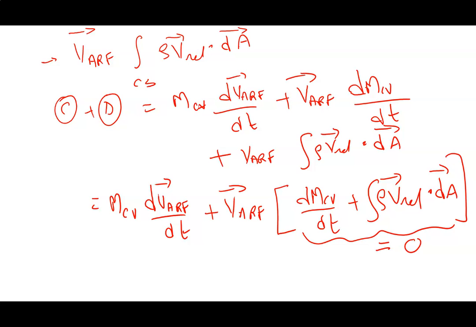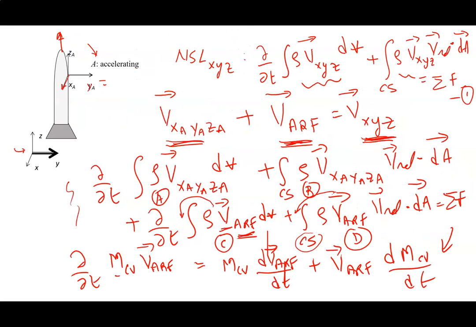So if I go back and take into account terms C and D that I simplified this way, and put this in, let's label this equation over here as equation 2.